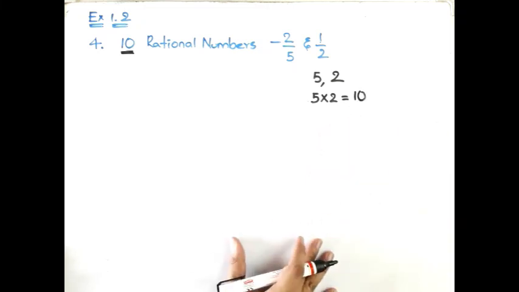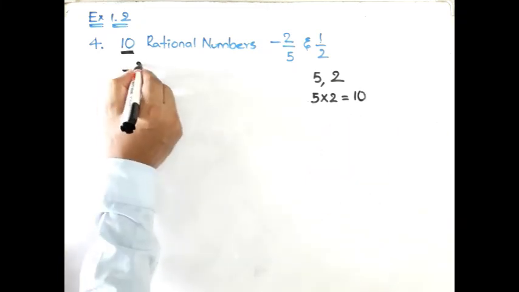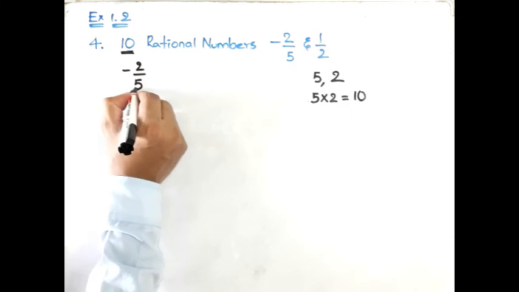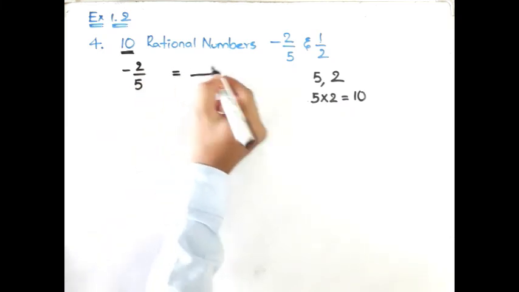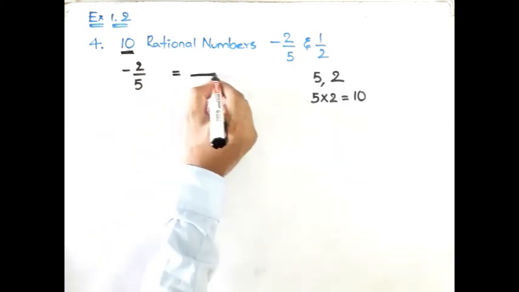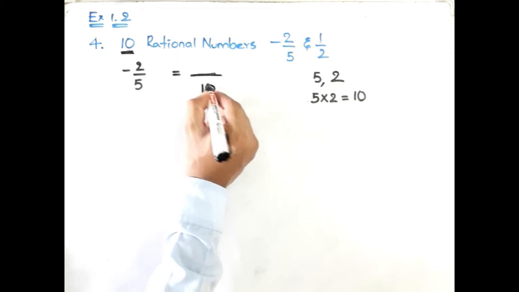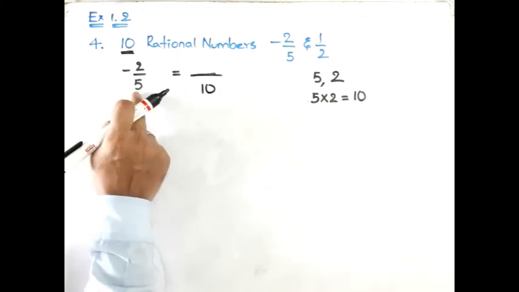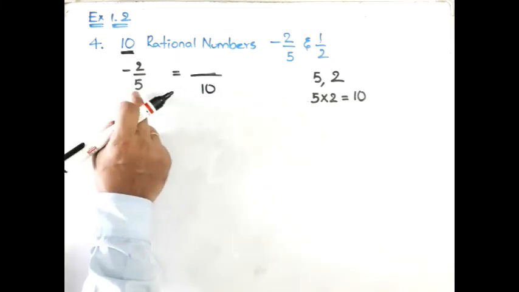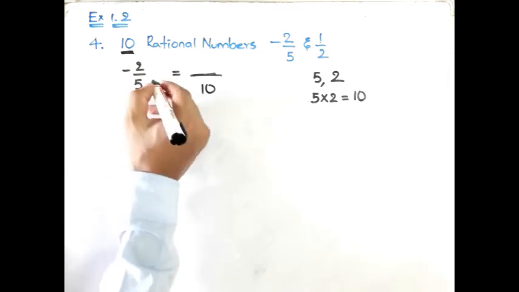The original rational number is minus 2 by 5, and the new denominator is the LCM, 10. By multiplying with what do we get 10 from 5, so 2 times.